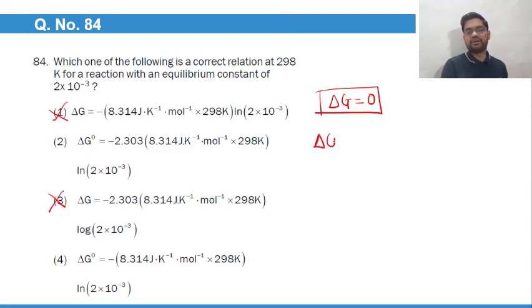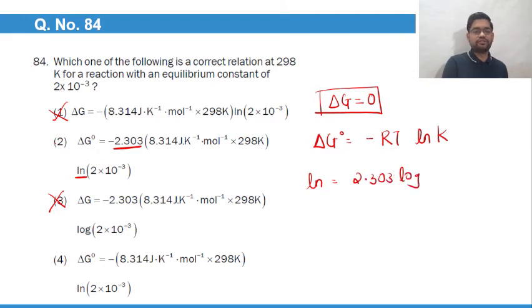But delta G naught is equal to minus RT natural log of K. Here they have used natural log of K, but there is a multiplication factor of 2.303. We know that natural log is equal to 2.303 of log. So this should not be the answer because they have used natural log and the multiplication factor is there.